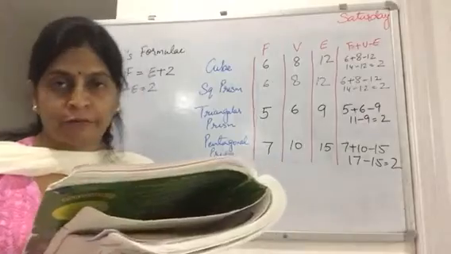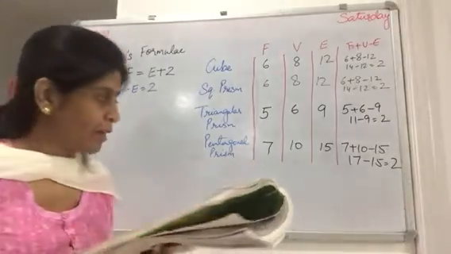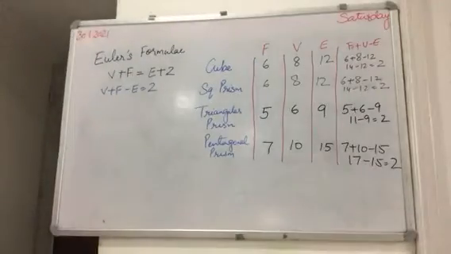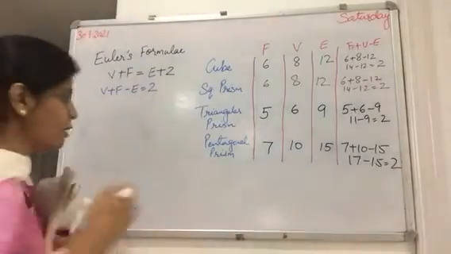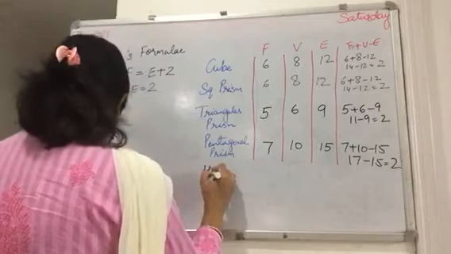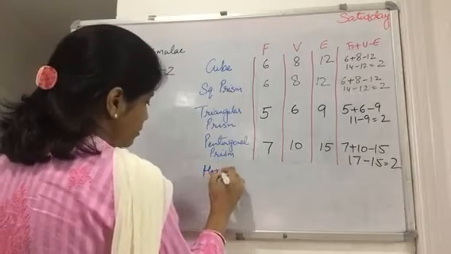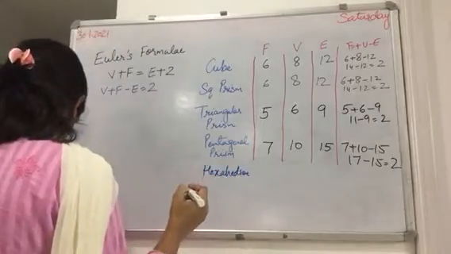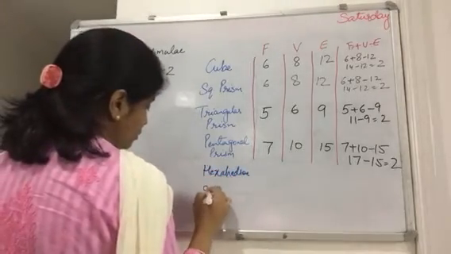Now hexahedron and square pyramid. So I will add here two more names: hexahedron and square pyramid.